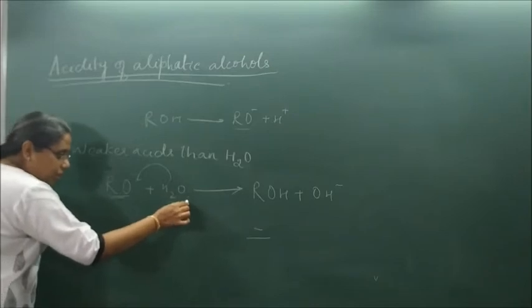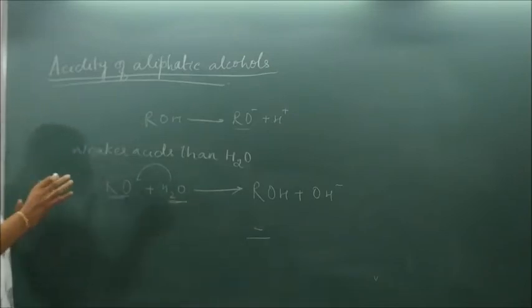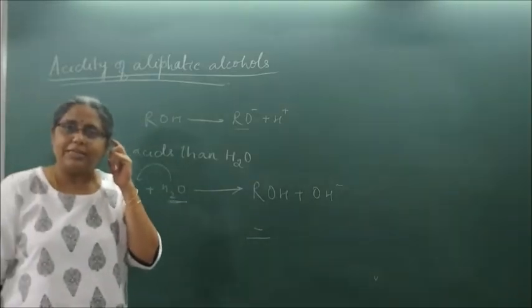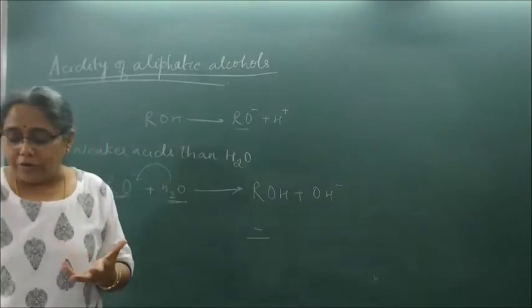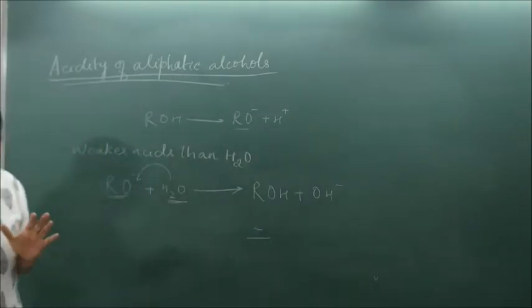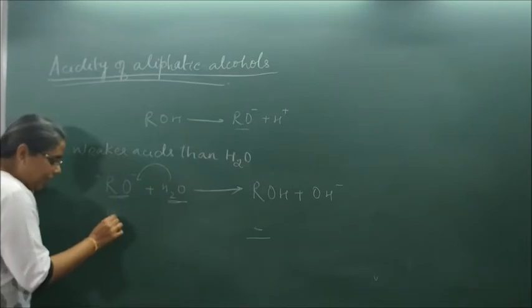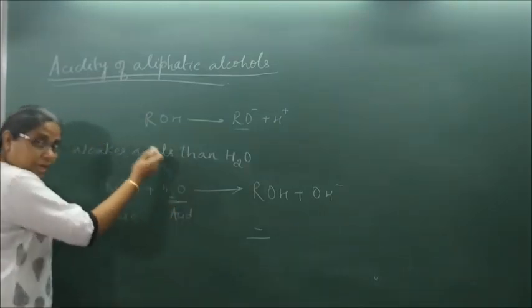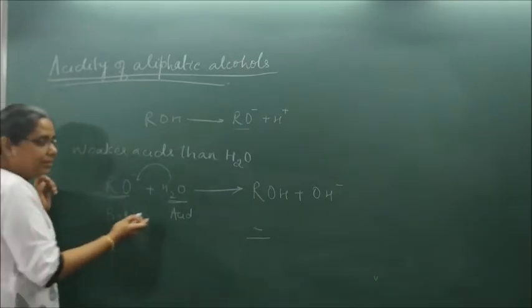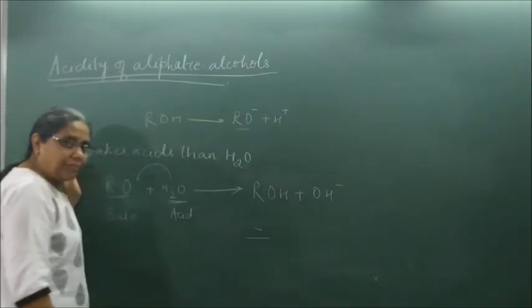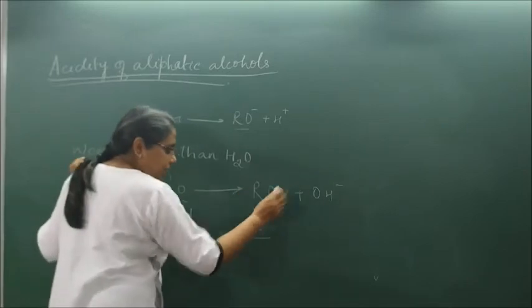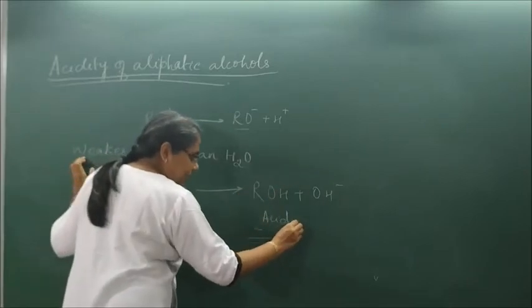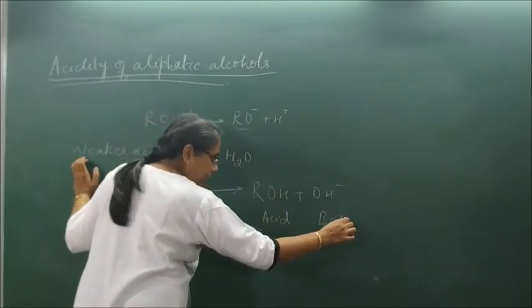How do we write conjugate acid and conjugate base? Which concept of acid and base are we talking about? The Lowry and Bronsted concept of acids. So if this is a base, this is an acid because it has donated H plus. In the reverse reaction, this is giving an acid and this becomes a base.